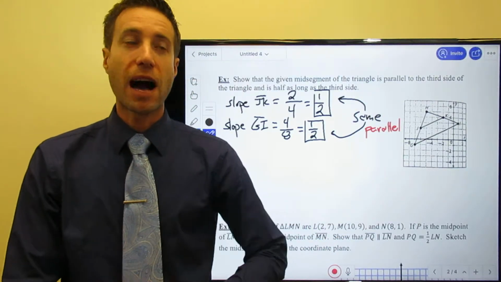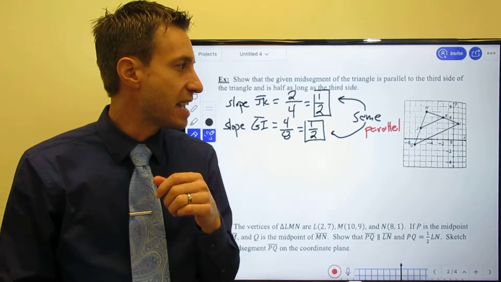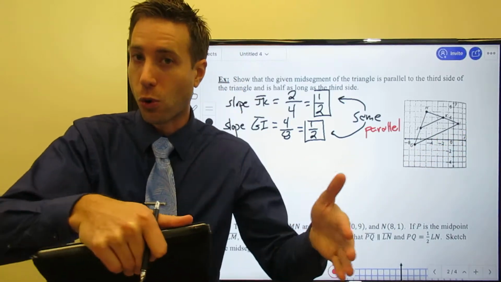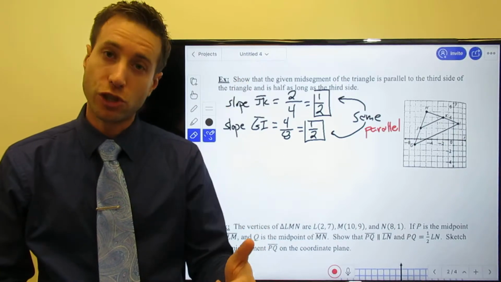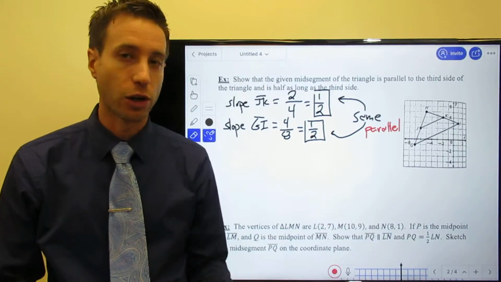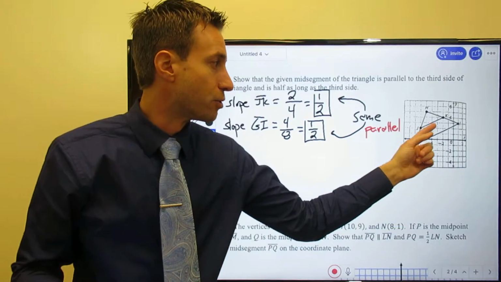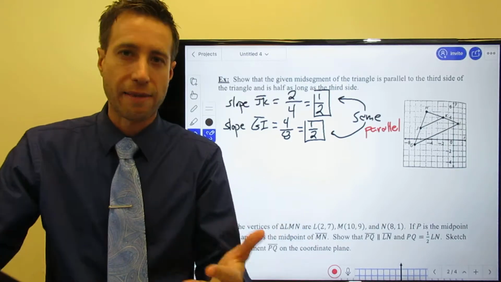There are ways that I could make these problems easier. If JK and GI were perfectly horizontal or perfectly vertical, you would be able to just count their length, since they're on a coordinate plane, figure out how many units it is from J to K or G to I, and see if one is 1/2 of the other.